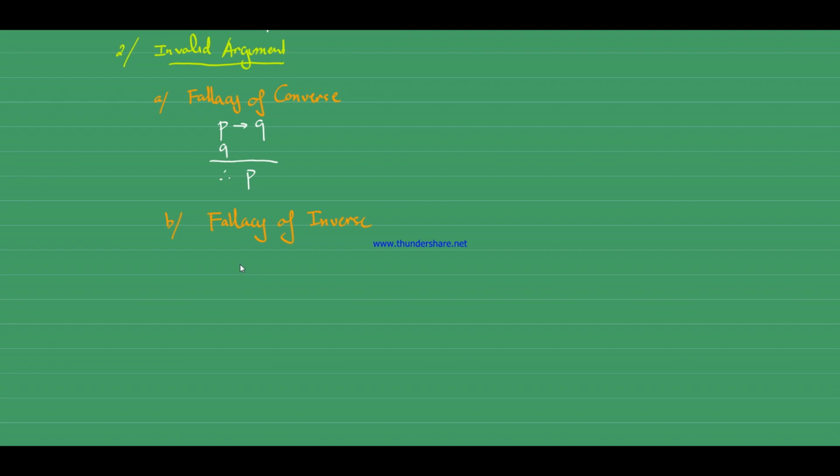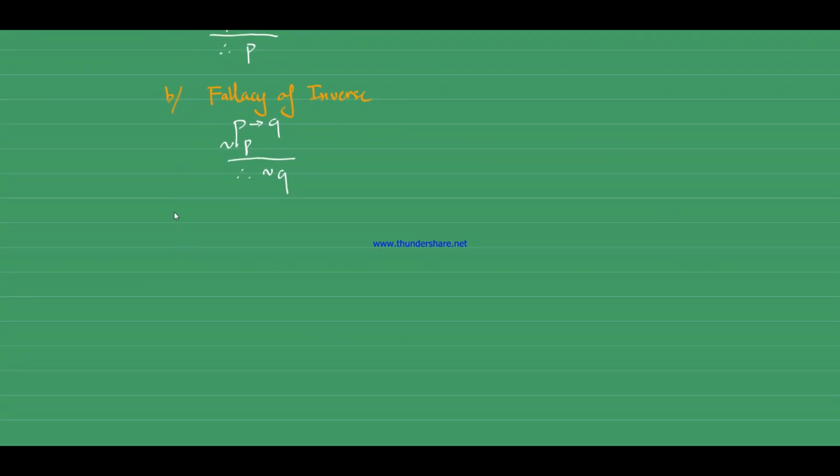So you have P imply Q, and you have negation of P. Then therefore you have the negation of Q. So this is not true either. This argument is not good.